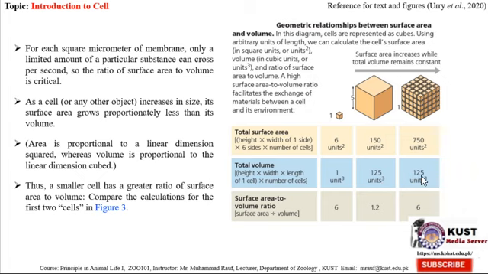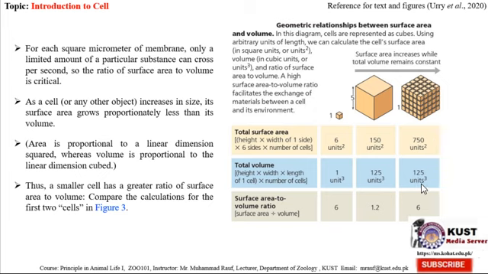And now for this, a single cell has one width, length, and height. So 1 into 1 into 1 is equal to 1, and then multiply it with the number of cells, which is 125. So 1 into 125 is equal to 125.